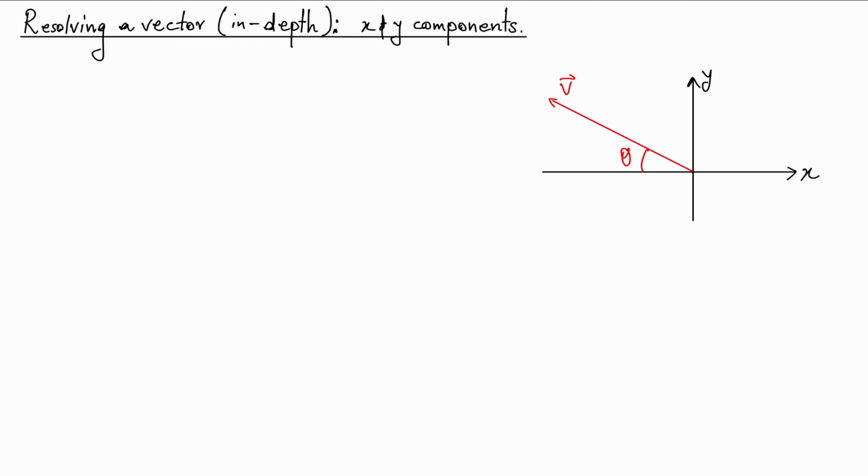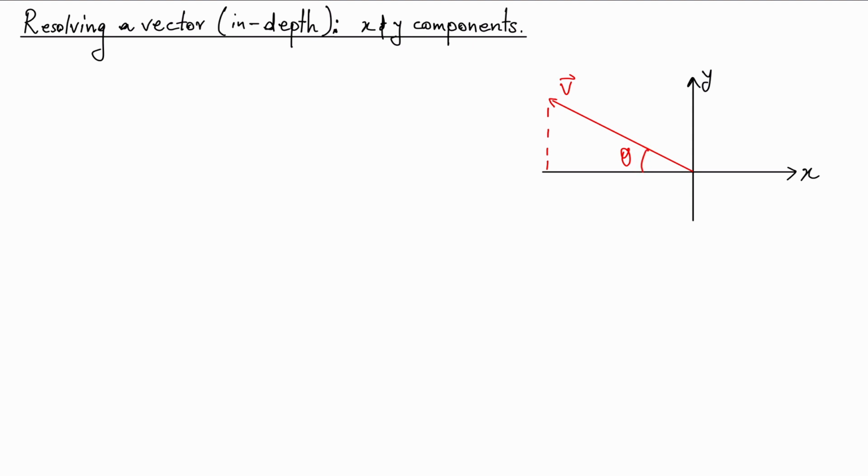Well, we would drop a perpendicular. Notice that the perpendicular comes from the tip of our vector. So the way we form this right angle triangle is that, number one, the length of the vector must form the hypotenuse of that right angle triangle. And number two, that triangle must contain the angle which we know.